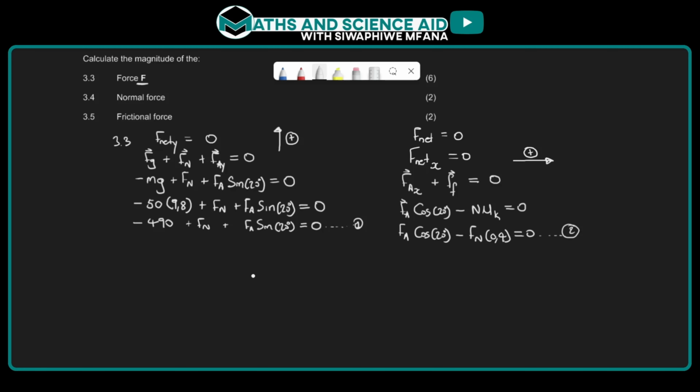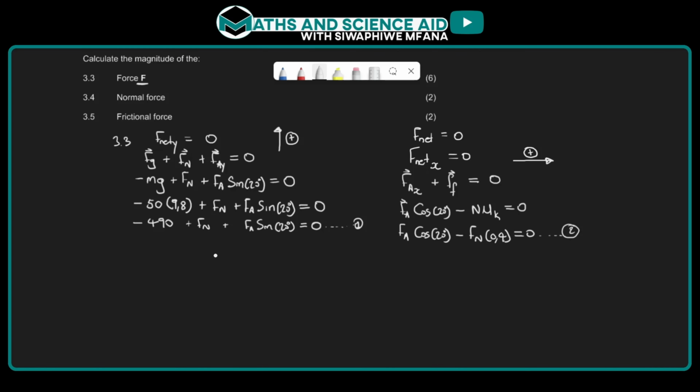So as you can already see, in order to solve 3.3, we need to solve these two equations simultaneously, because we now have got two equations, equation 1 and equation 2. And in both of these equations, we have got two unknowns. We have Fn, which is an unknown, and we also have Fa, which is also an unknown. And so we can just solve them simultaneously.